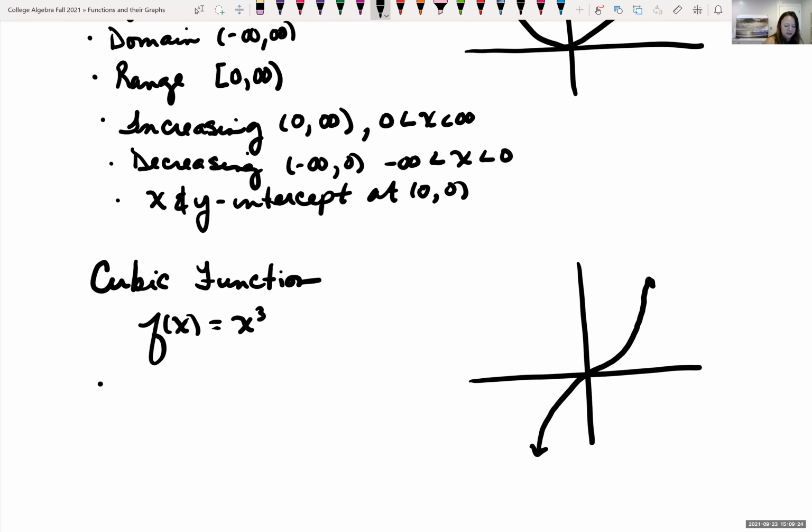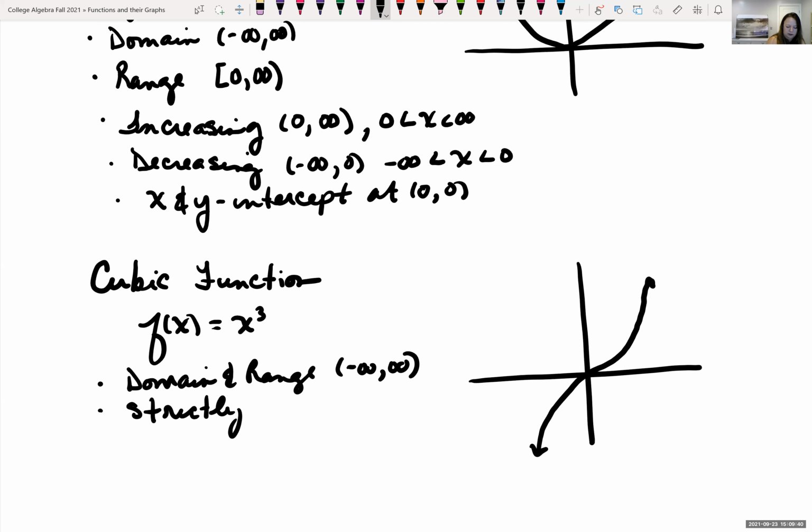So domain and range, all reals. This is strictly increasing. And again, we have our intercepts at (0, 0).